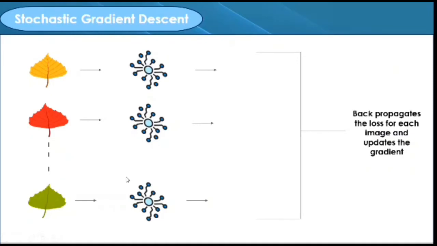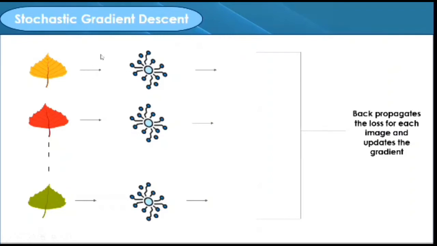In stochastic gradient descent, it takes one record or one sample at a time. In this particular example, it takes one image at a time. The first image is sent to the neural network. It reads that image, back propagates, calculates the error, and after calculating the error, it updates the gradient right there.